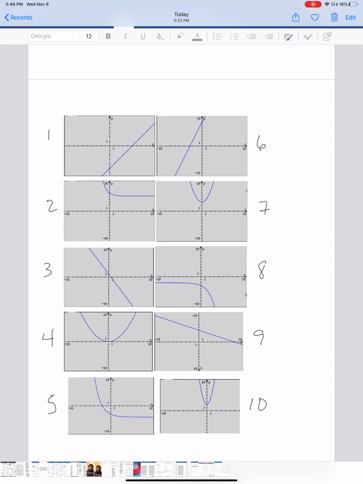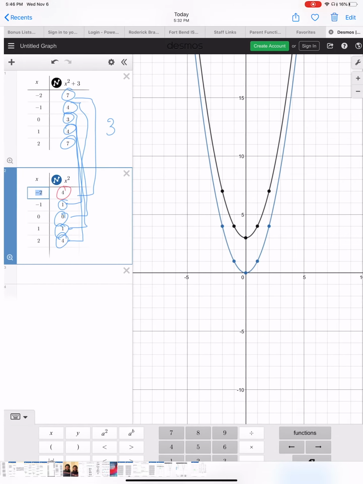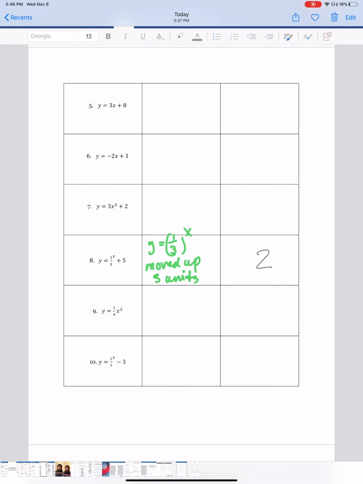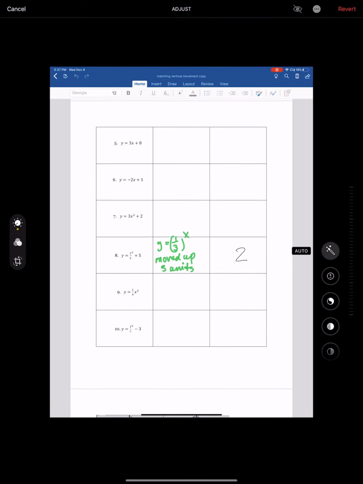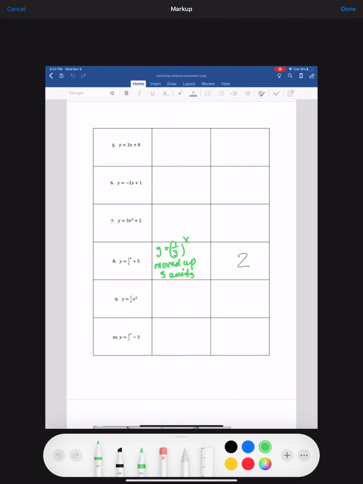It's 1, 6, 3, and 9. 3 and 9 are the only ones that have a negative slope. But number 3 is where it's crossing the y-axis at 1. So therefore, my answer on my graph for number 6 is 3. Edit that, mark up. I'm going to put a 3.